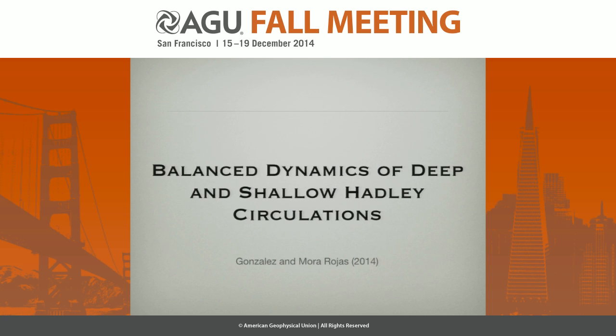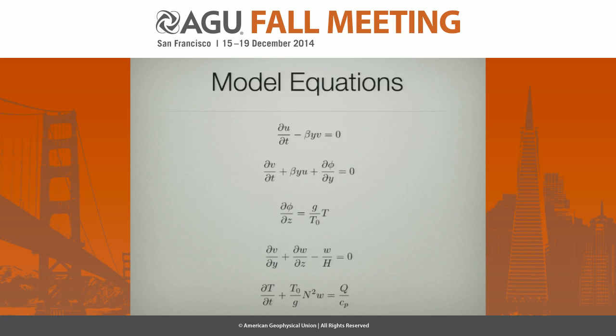This is based off some work which was just published, Balanced Dynamics of Deep and Shallow Hadley Circulations. So these are the model equations. We've got 5 equations, and they're linearized on the equatorial beta plane. We have 5 equations but 6 variables, and so we prescribe the diabatic heating, which is Q over Cp in the last equation.